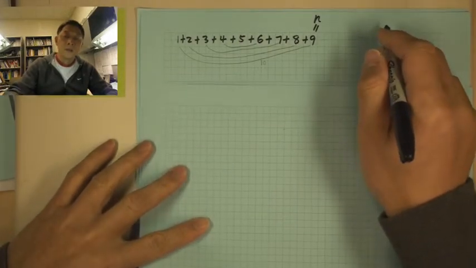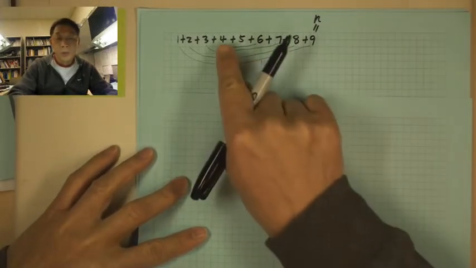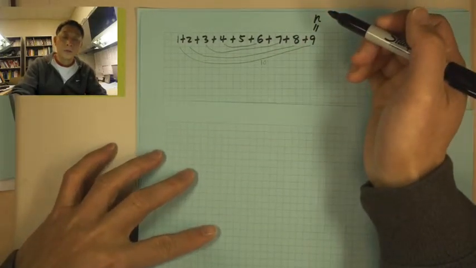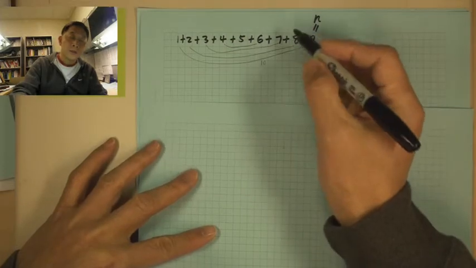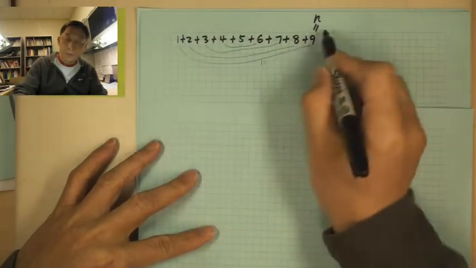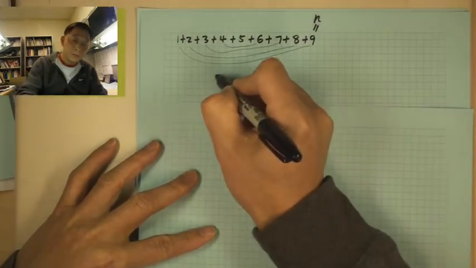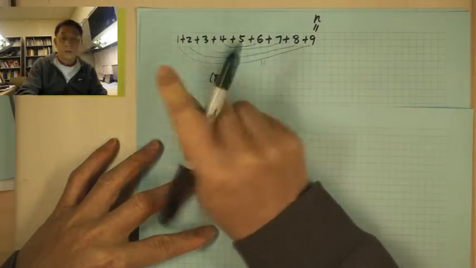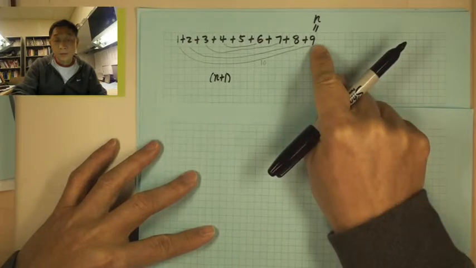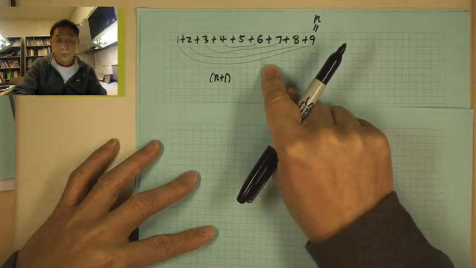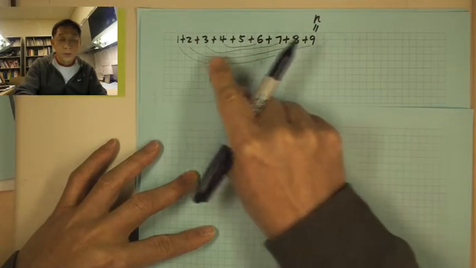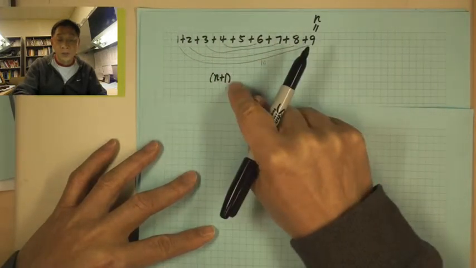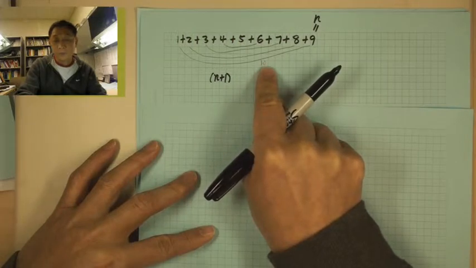Each pair added together is 10, which is equal to 1 plus n. The first plus the last is 10, and the rest of them, another 3 pairs, also have the same sum, 10.